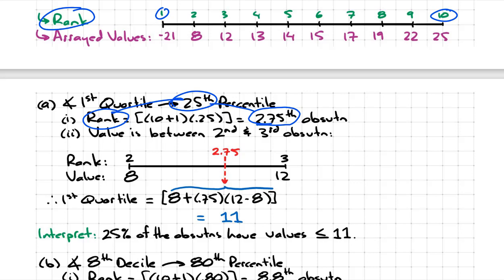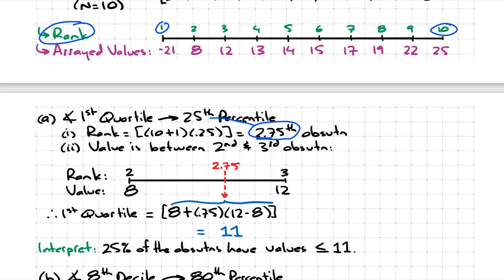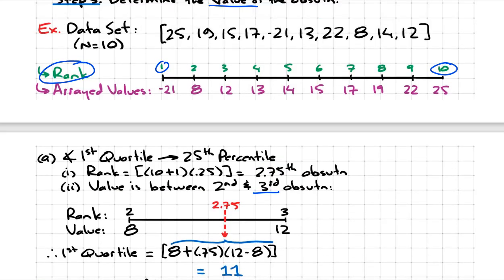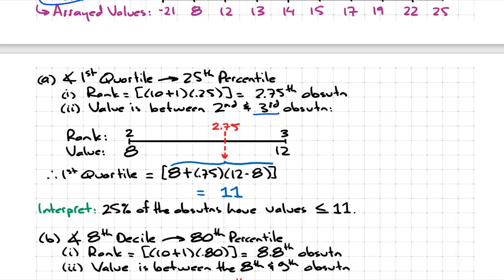So this first quartile's value is somewhere between the second observation and the third observation. Now here's the issue: I can see the second observation, I can see the third one, but I don't see 2.75. So this is where we're going to use interpolation. I've reproduced those numbers that I just circled. Second rank is 8, third rank is 12.